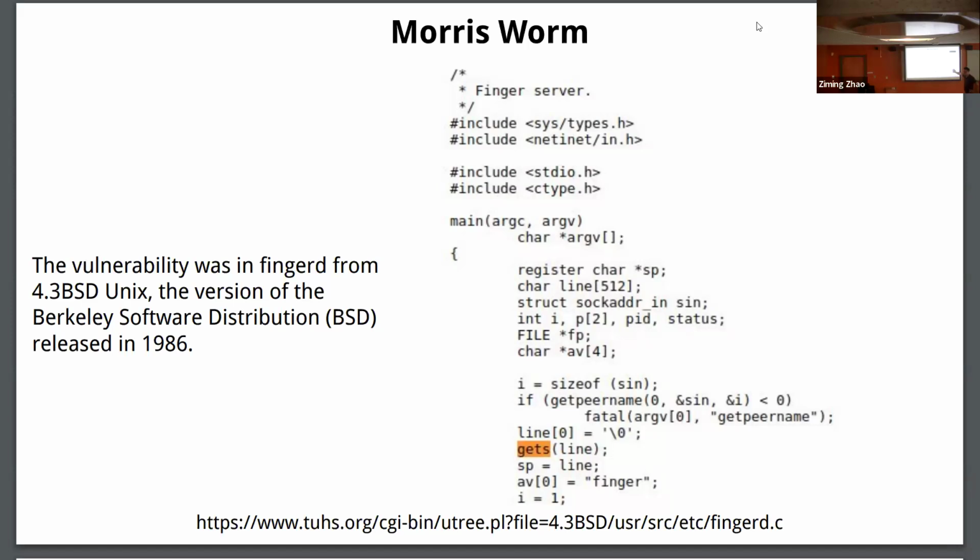And back in the 1980s, there was no stack canary, there was no address space layout randomization, there was no, what is the other approach we talked about? Non-executable stack, right? None of those defenses existed back then.